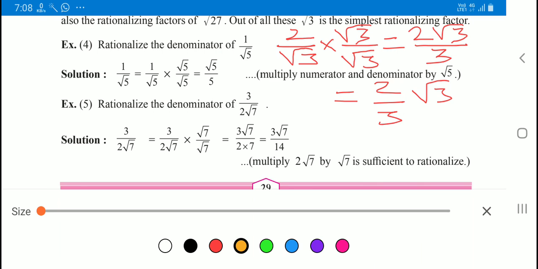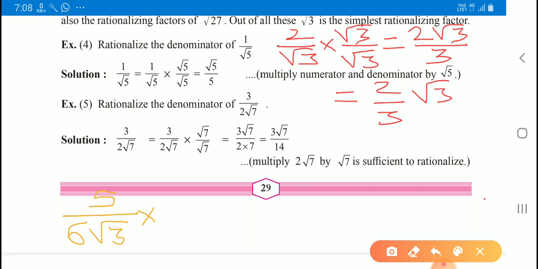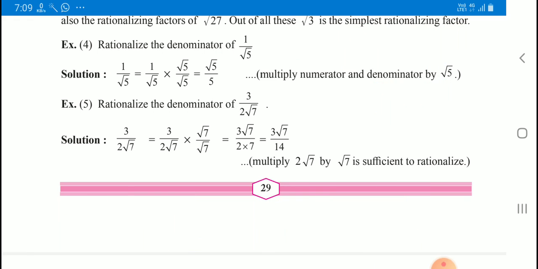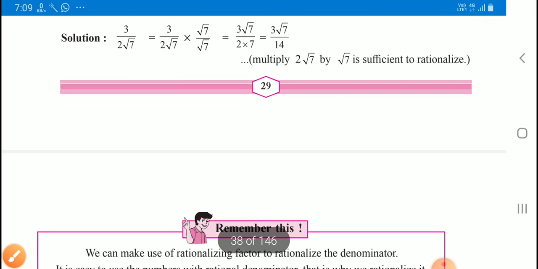So I will multiply it by root 3 upon root 3. So here my answer is 5 root 3 upon 6 into 3, root 3 into root 3 means 3. So the answer is 5 root 3 upon 18. Okay, do you understand this? Most simple way I taught you this.